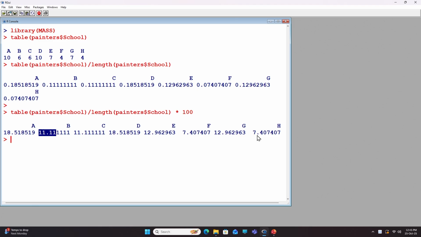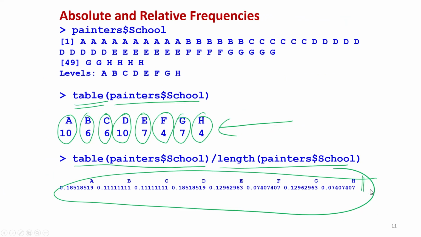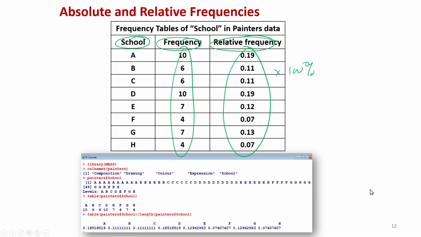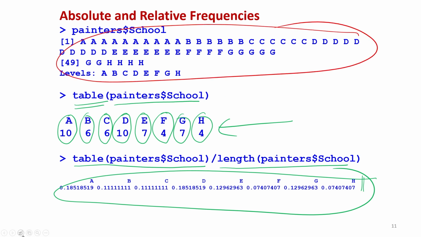Right, so you can take fruitful conclusions which can help you get the information which was hidden inside the data. Otherwise, it was very difficult to find out from the raw data what is happening in it. So this is the objective of a frequency distribution.